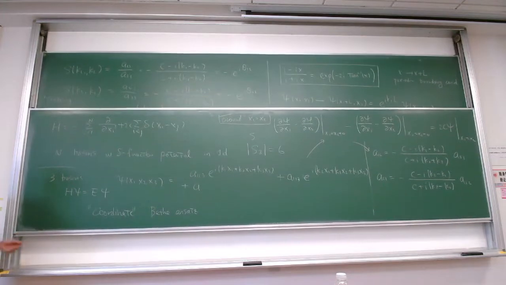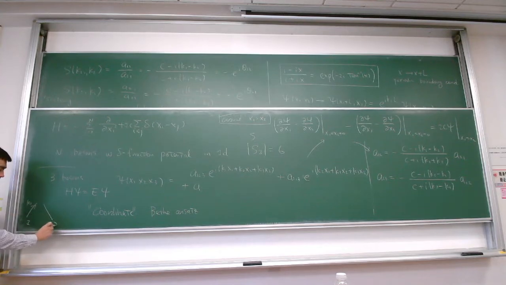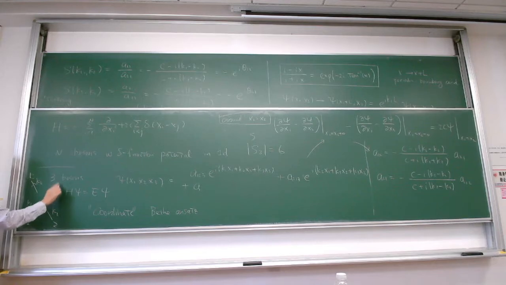Particle 1 has a k1 momentum, particle 2 has a k2 momentum, and the opposite. So this one is called the S12 scattering matrix.